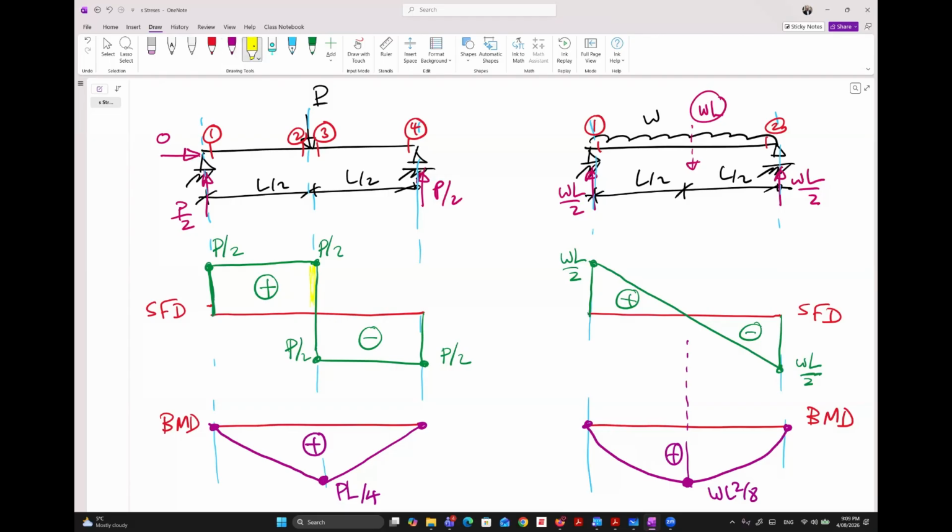So this is a positive shear, and this is a negative shear, and we have the bending moment here and bending moment here.